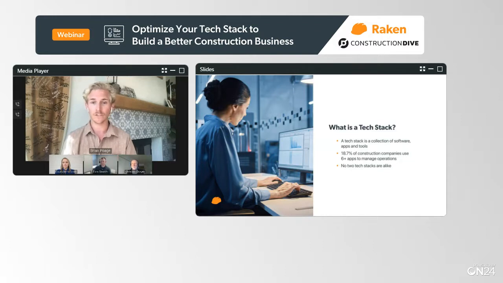When you consider all of the software being used throughout your offices, you can see how quickly a tech stack can grow. For example, in construction, your tech stack includes things like field management, accounting, bid management, estimating, and project management. It goes on. And there really are a lot of options that are either point solutions or all-in-one solutions. But the biggest thing to think about is that everyone's construction tech stack is unique.